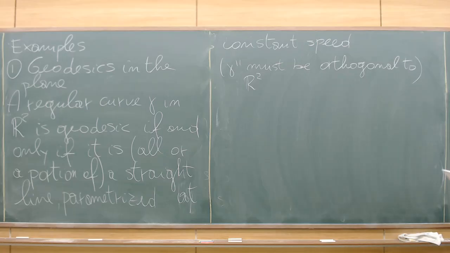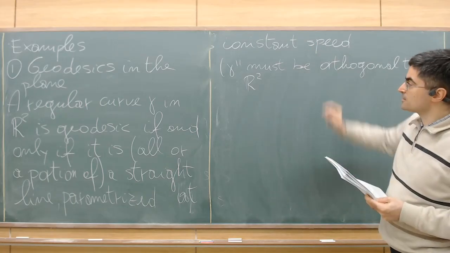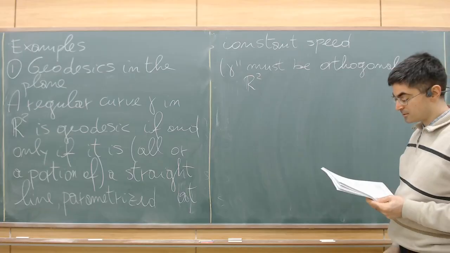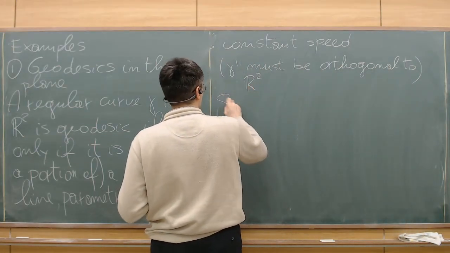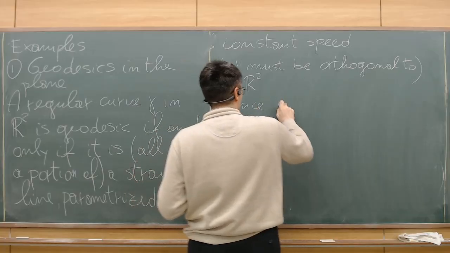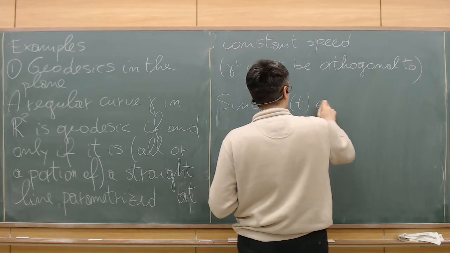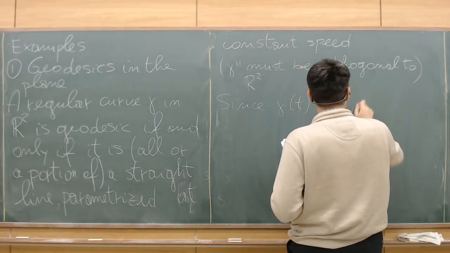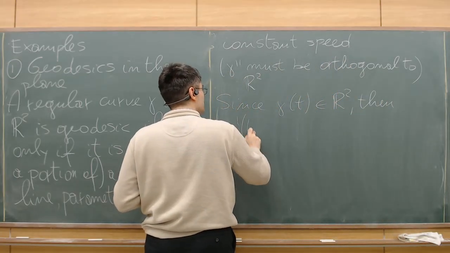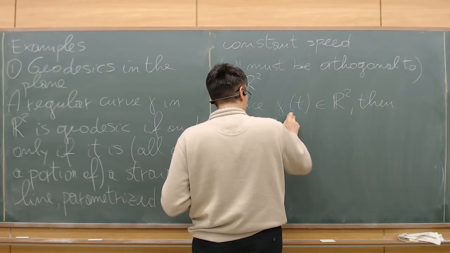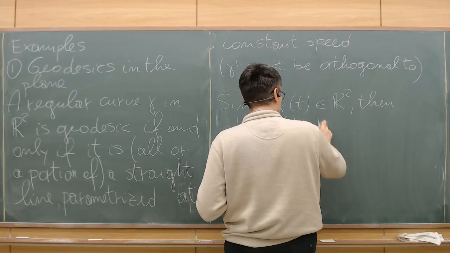The reason why this is the good parameterization is that since gamma t belongs to R2, then gamma prime t, gamma second t belongs to R2.